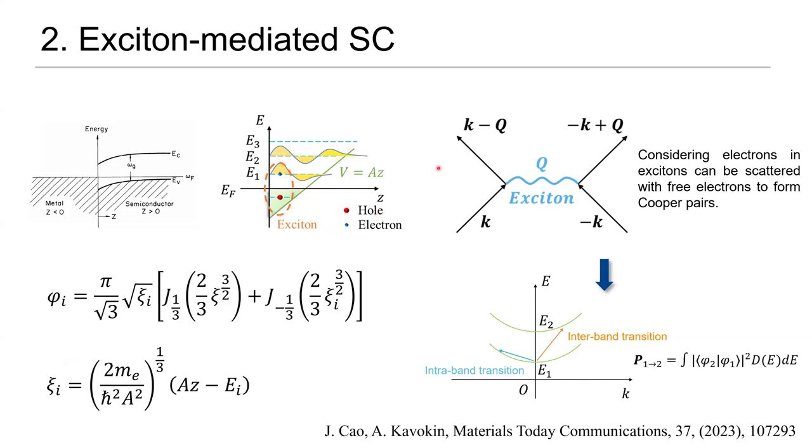And then we consider two channels for the scattering in this problem. That is, the electron can be scattered from the energy level E1 to itself with an increase of kinetic energy. We call this intraband transition. There's also another type of transition, the interband transition.